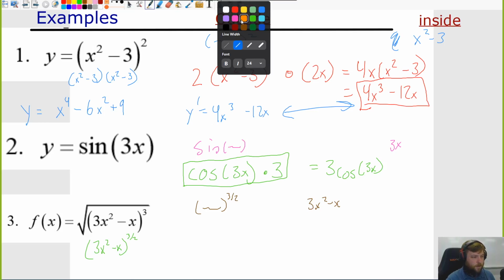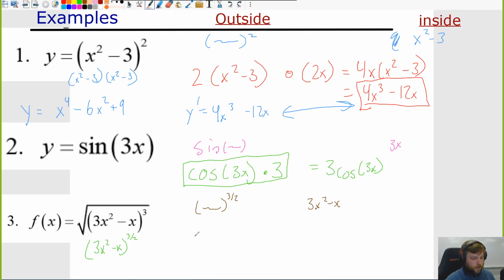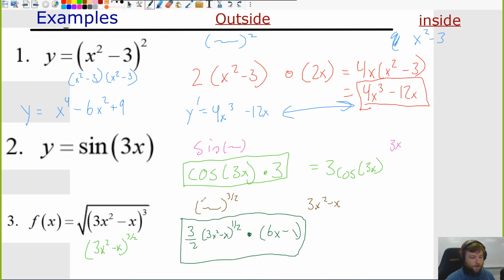So if you derive those right here, what you're going to get is 3/2 times the inside, 3x squared minus x to the 1/2 power, times the derivative of this, 6x minus 1. It looks like a 1, sure. So there you go. Did you make it a square root? Sure. I don't care. All right.